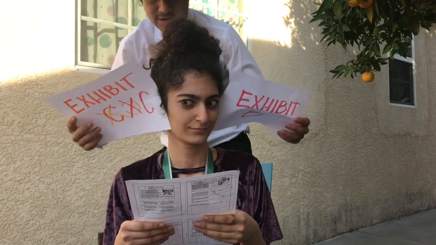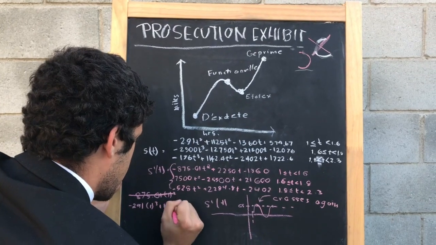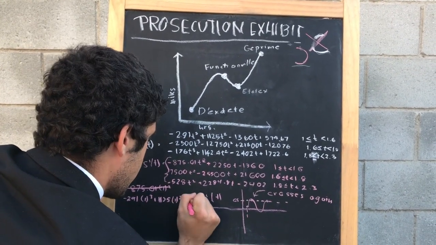Exhibits B and C. Although Exhibits B and C seem to prove Miss Morrison's guilt, it is clear that we have found a flaw in their evidence to prove that she was guilty. Now, Exhibit C shows that she began her journey at DXDT at precisely 1 hour.